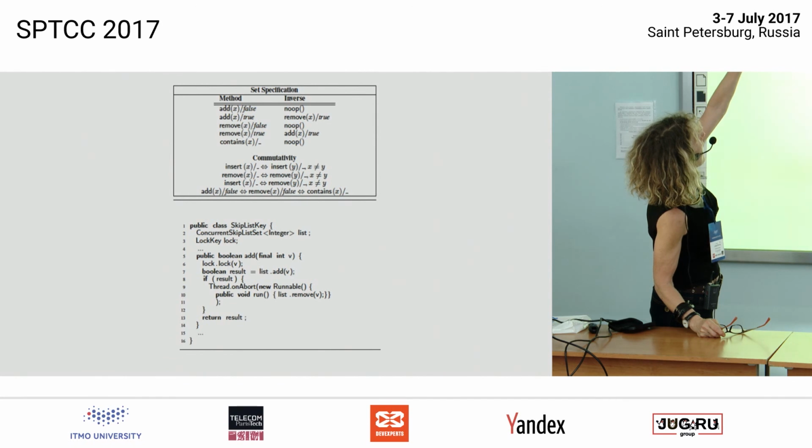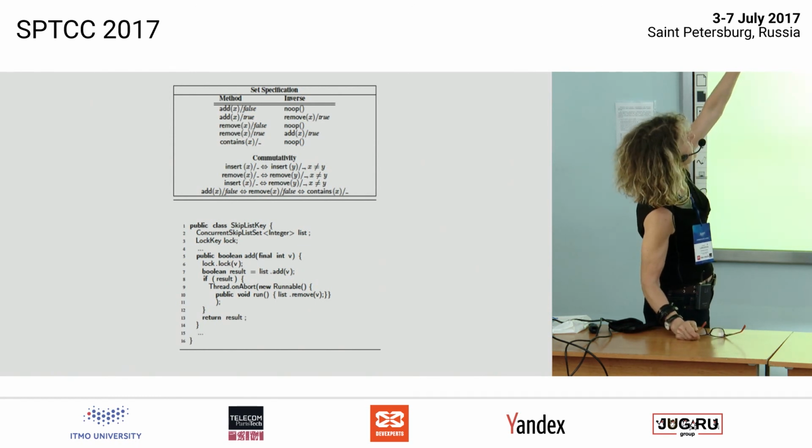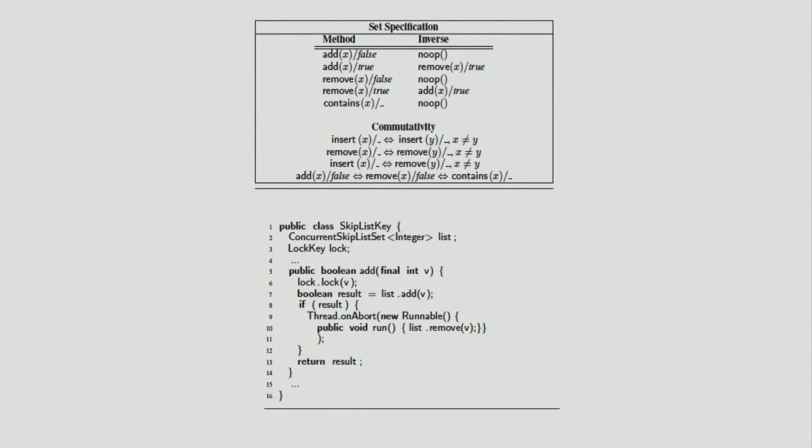I can let them go forward concurrently. However, add x that adds to a set that already has the element also commutes with contains x, because add x false doesn't do anything, and contains doesn't do anything either. Those are two observers, so they commute.